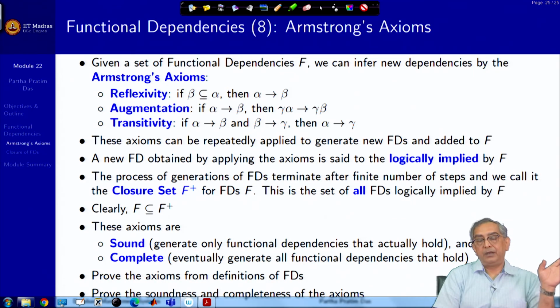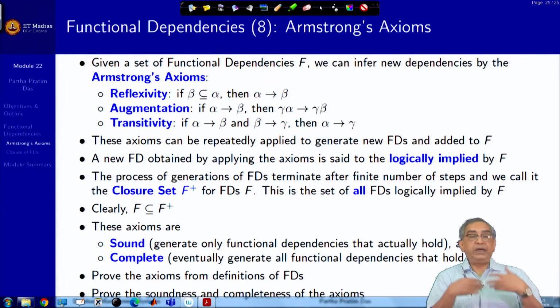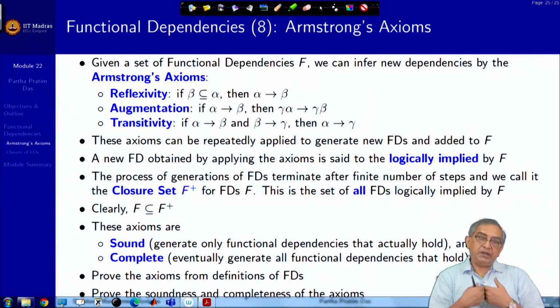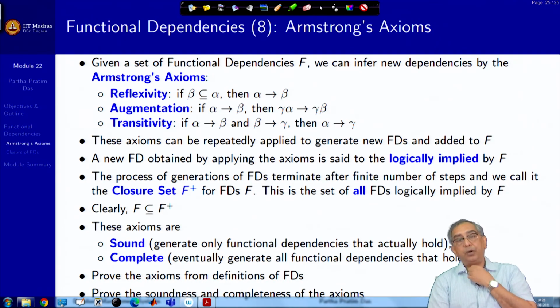So, these are complete: by this process you will be able to get all the functional dependencies that can be logically implied from the given set F, and you do not need any other rules. Now, completeness is a little trickier to prove. All that you will need to do is some kind of a contradiction. Say that it is not complete, and you have a functional dependency that is not implied through the application of Armstrong's axioms, and then you have two cases.